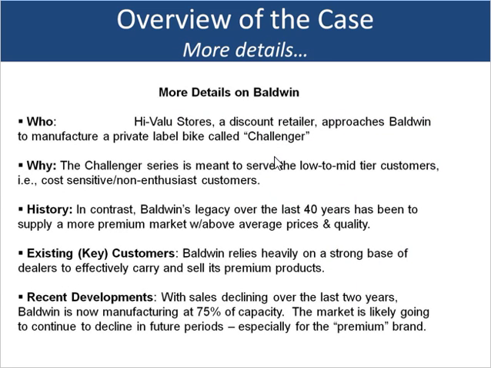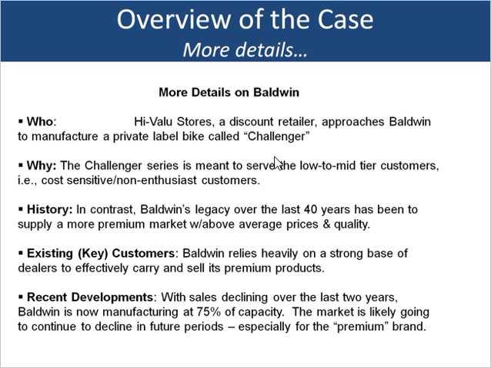And here are more details on Baldwin. You have a declining industry, and this company is thinking about potentially repositioning themselves and also supplying the low-cost vector in a particular market. High Value Store wants a new line, instead of Baldwin bicycle, that you are going to make only for High Value Store, and they are going to call it the Challenger.